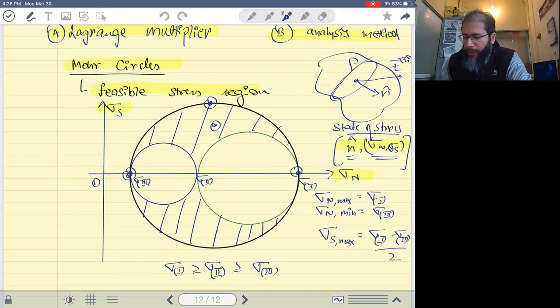So every n hat will give you one point in the stress region. If you keep plotting all the points, then the locus of these points will give you a region, which is nothing but this shaded region that I've drawn. So we will see how we can actually derive this shaded region using the analysis method.